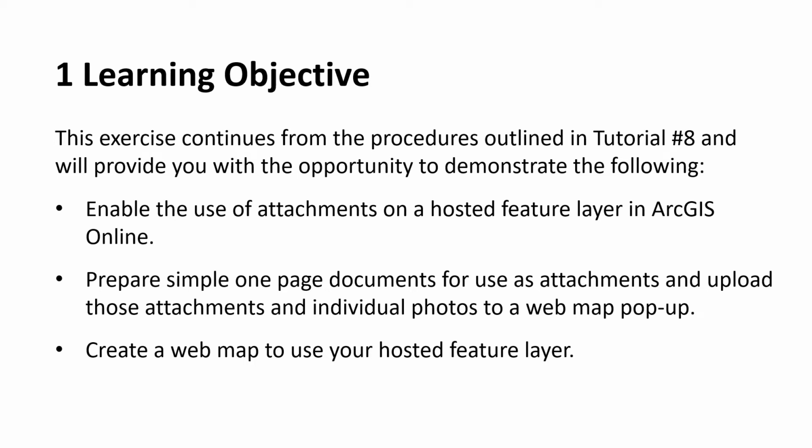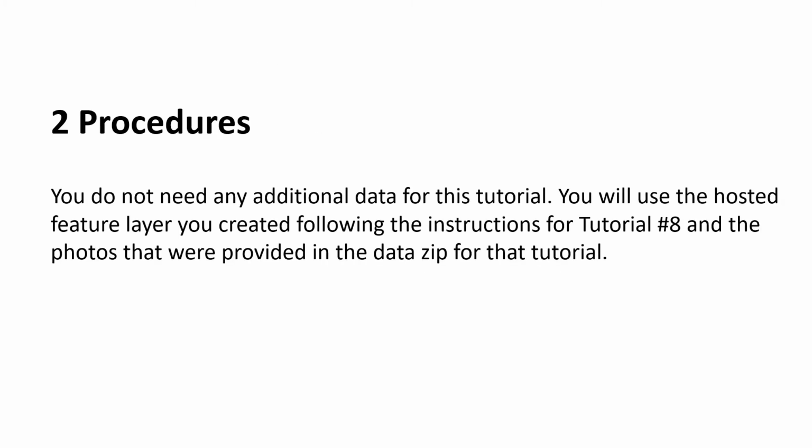Create a web map to use your hosted feature layer. You do not need any additional data for this tutorial. You will use the hosted feature layer you created following the instructions for Tutorial 8 and the photos that were provided in the data zip for that tutorial.